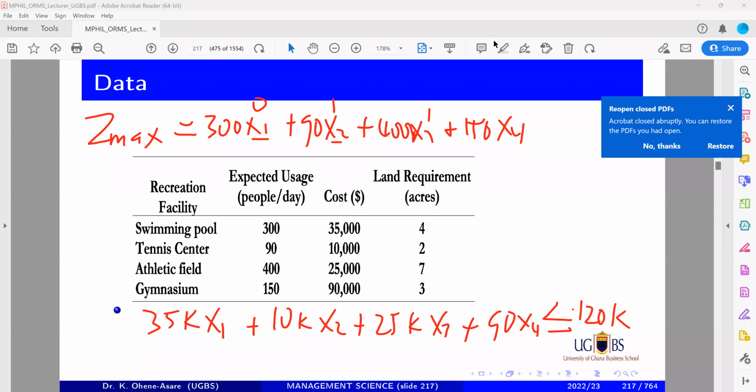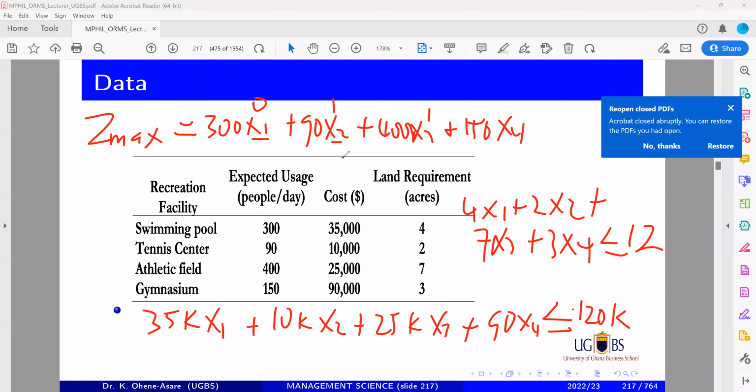We have 4x1 plus 2x2 plus 7x3 plus 3x4 less or equal to 12. Sorry, 12. All right, very good. So this is the requirement. Is there any other thing to do?